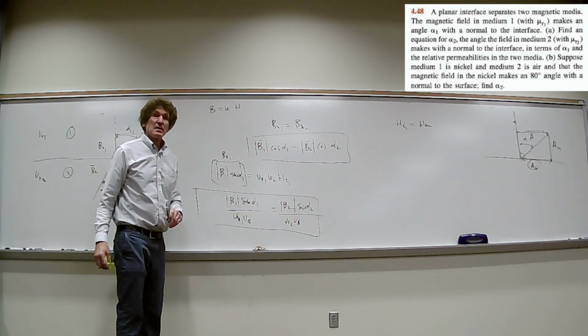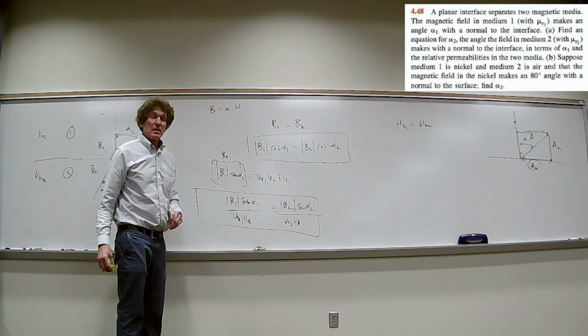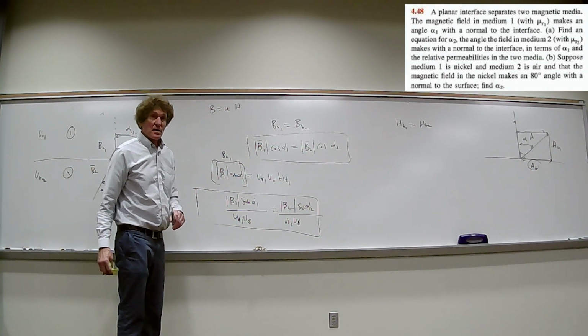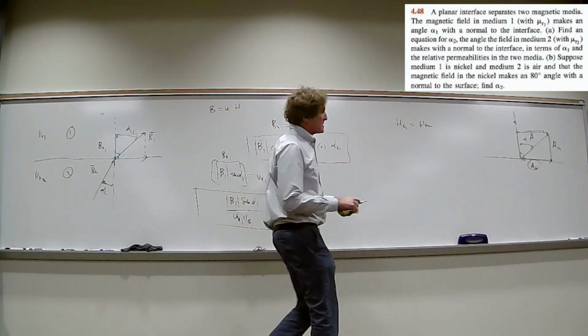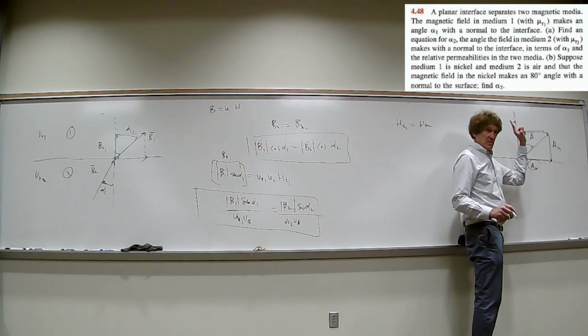Yes? This was probably a while back, but how can you say that the magnitude of B1 and cosine alpha is going to be equal to the normal? Where's that coming from? It's back to this drawing. If this is alpha, remember, alpha is with respect to the normal, right? Just watch.